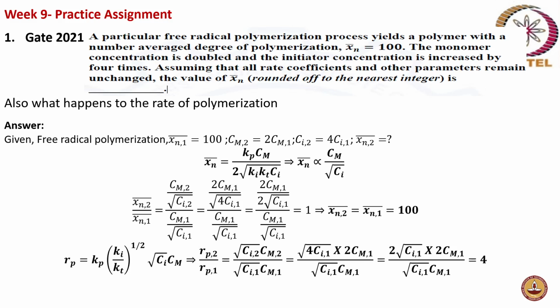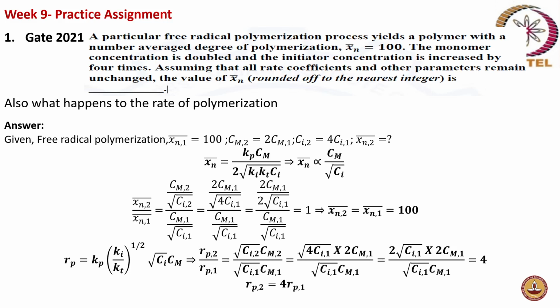So Rp2 by Rp1 is equal to square root of Ci2 into Cm2 by square root of Ci1 into Cm1. So square root of Ci2 is square root of 4 Ci1 and Cm2 is 2 times Cm1. So what happens in this case is that the rate of polymerization in the second case is 4 times the rate of polymerization in the first case.